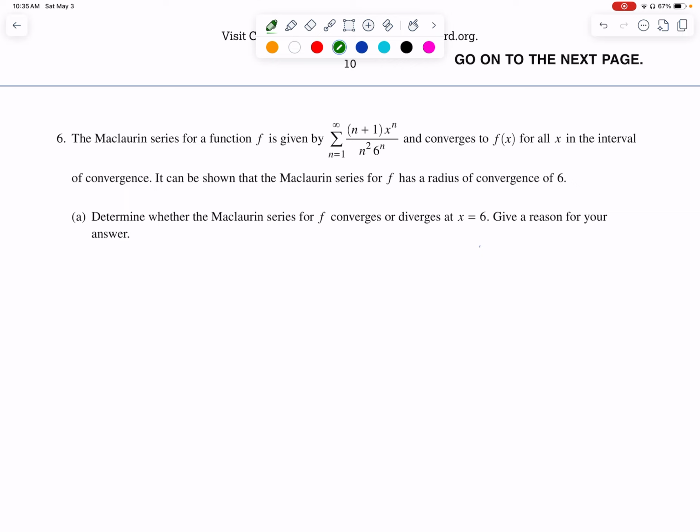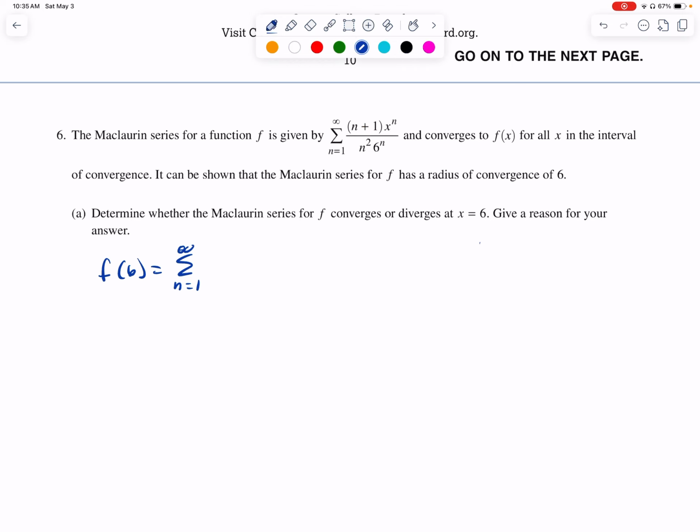Determine, so I basically need to evaluate f of 6 so I can see what this series looks like. So f of 6 is equal to the summation n equals 1. That is weird. It's starting at 1 instead of 0. Now, the variable here is x, so f of 6 is only affecting the x here. None of the n's get affected because the n's are controlled by the summation.